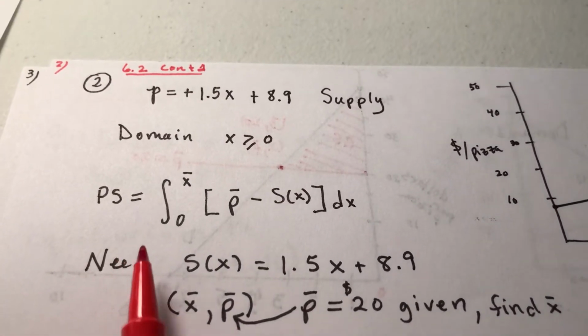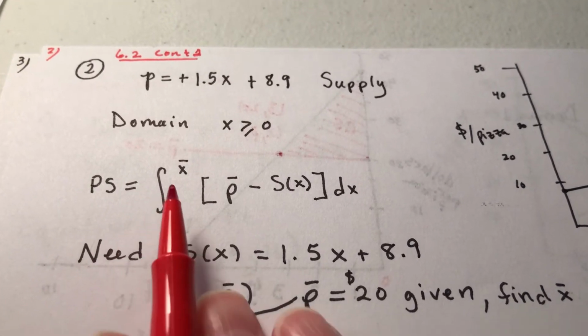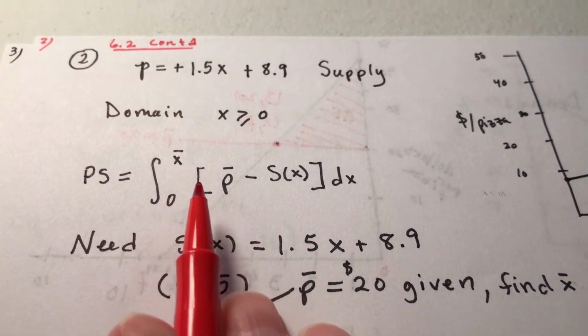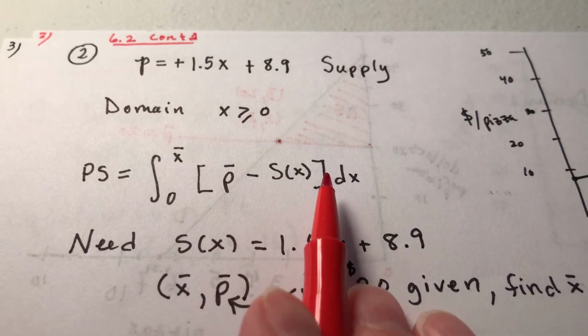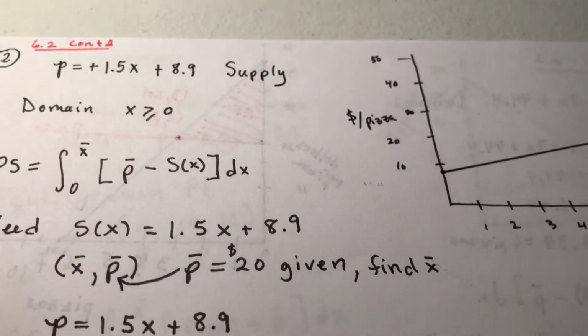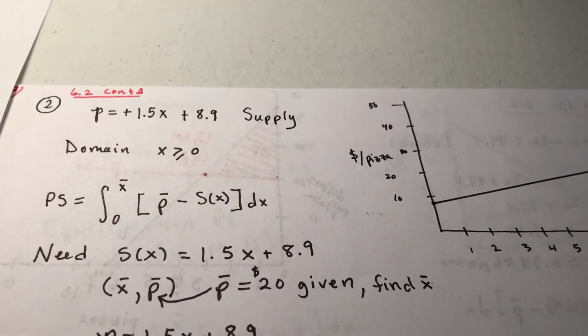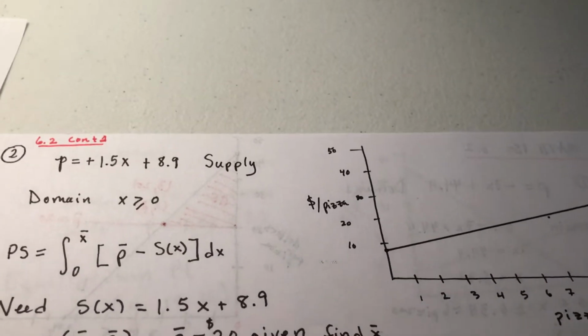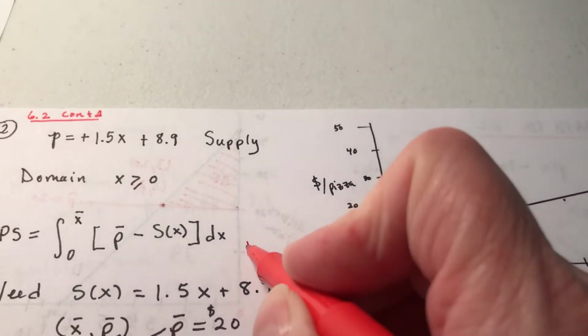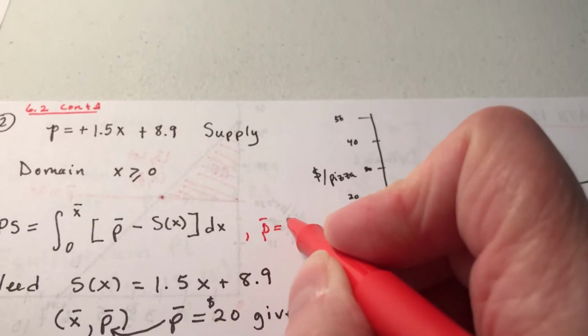All right, and this is given. The producer surplus is the integral from 0 to x bar of p bar minus s of x. That's just a lot of stuff. So what we're going to do, p bar is given to be $20 again.